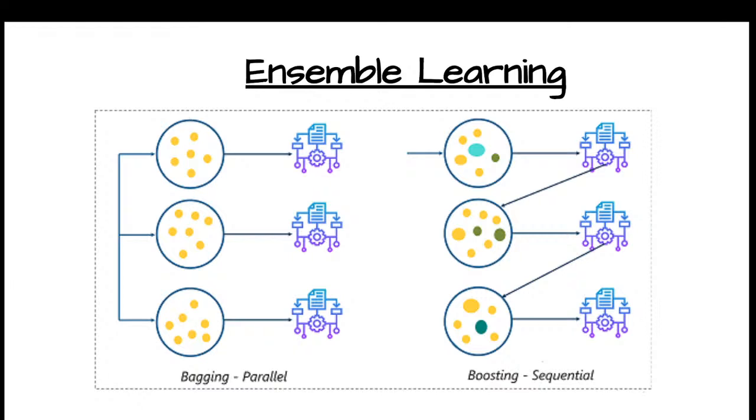Let us suppose we have 5 decision trees in our random forest classifier attached in parallel, and we get output 1 1 1 from the first three decision trees, and output 0 0 from the next two.